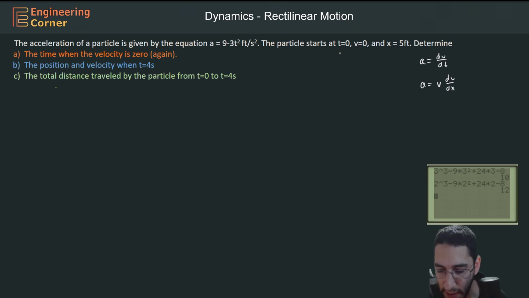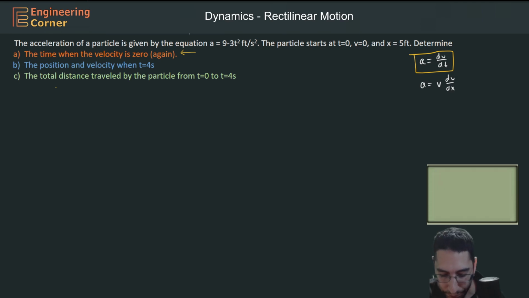In this case, we're given that t is equal to 0, v is equal to 0, then x is equal to 5 feet. So it stands out that I should probably use this first equation, because we're going to be looking for a time. If we try to use the other equation, we're not going to be able to figure out anything that's happening with time.